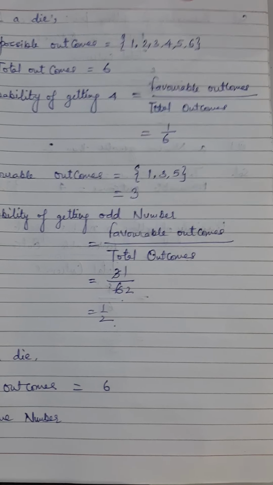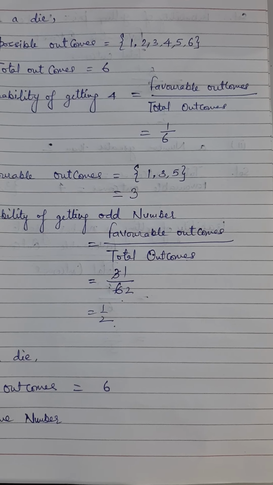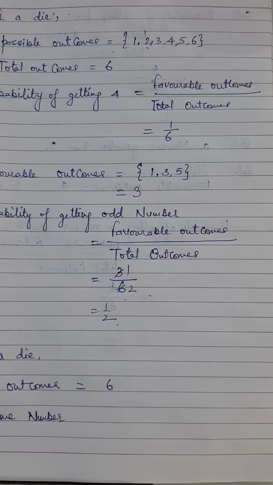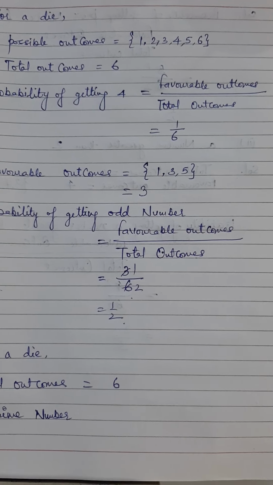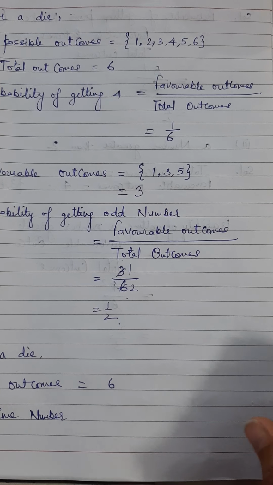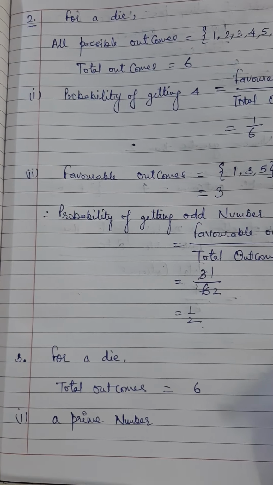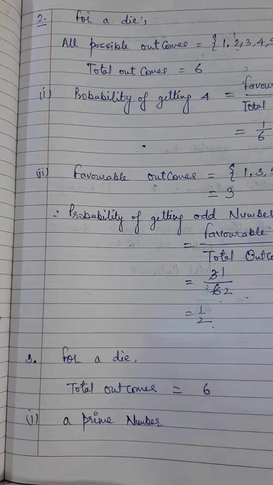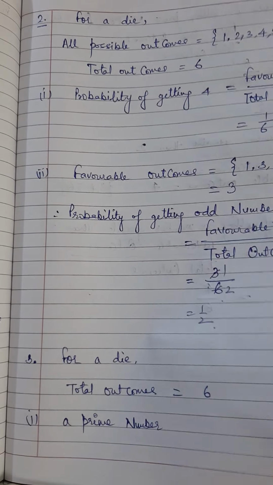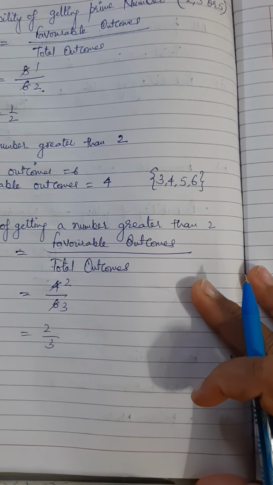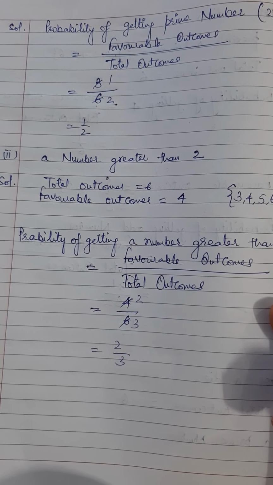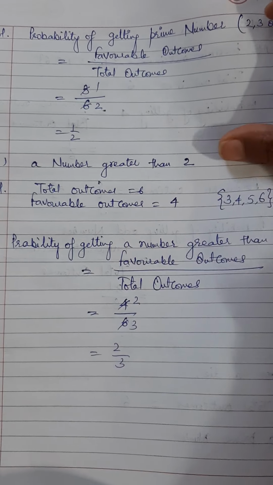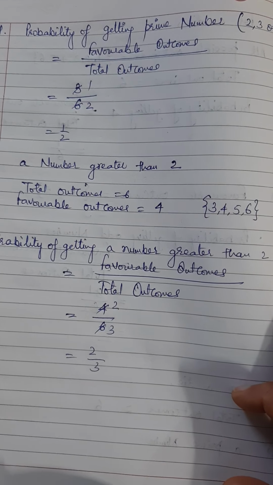Now question number 3. A dice is thrown once. What is the probability of getting, first part, a prime number? In a dice we have 1, 2, 3, 4, 5, 6.